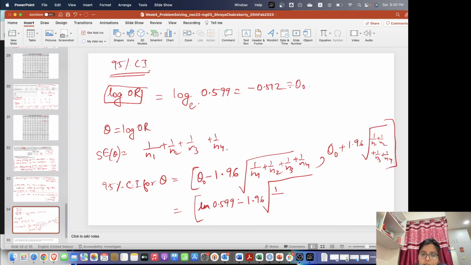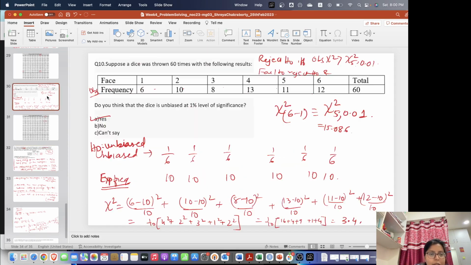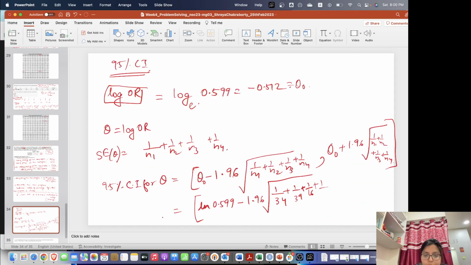So 1 by 34 plus 1 by 39 plus 1 by 16 plus 1 by, how much was it? 11. And ln 0.599 plus 1.96 into the same thing, 1 by 34 plus 1 by 39 plus 1 by 16 plus 1 by 11. Okay, so if we calculate this, how much are we getting?